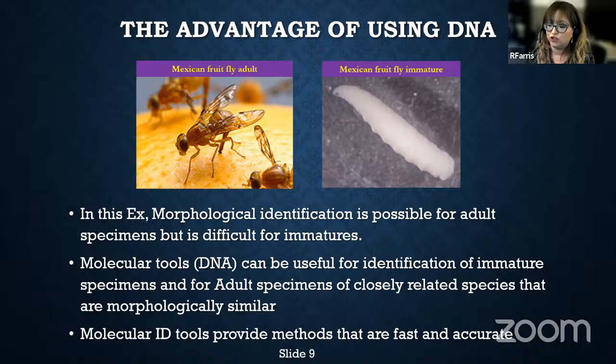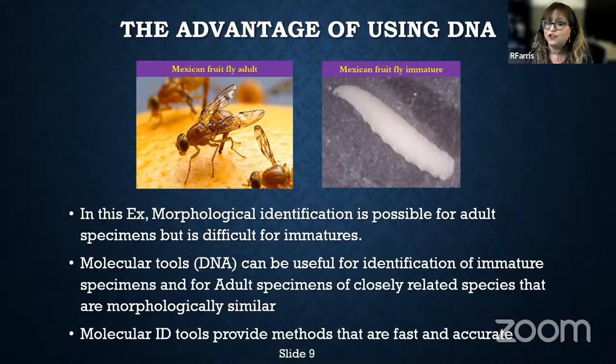A lot of these flies, even though they're different species, might look very similar, but only an expert can really pinpoint that this one's different from this one. But for the immature phases of this fly, as you see on the right, it's very challenging to tell species A from species B, because they look identical.